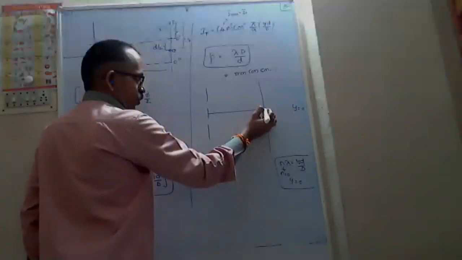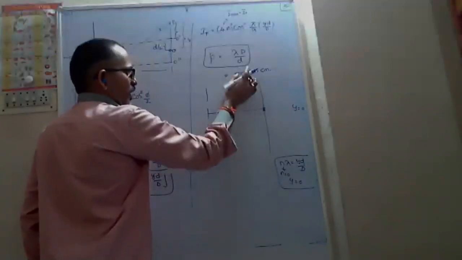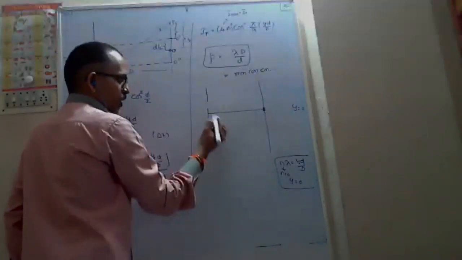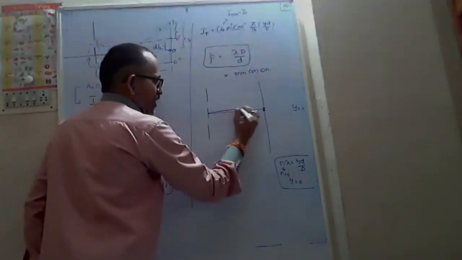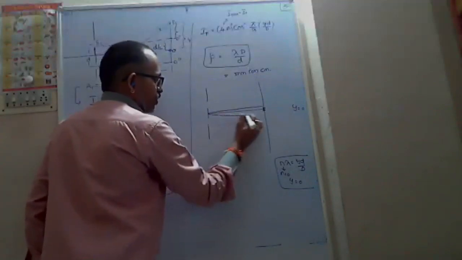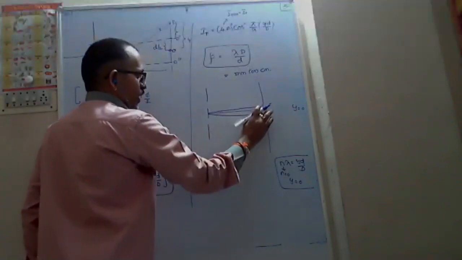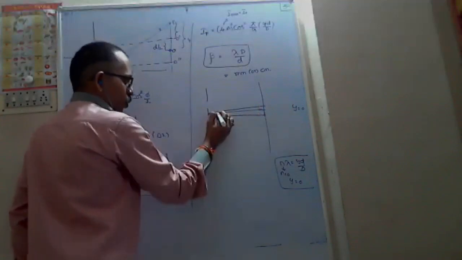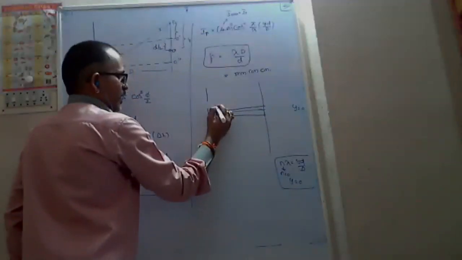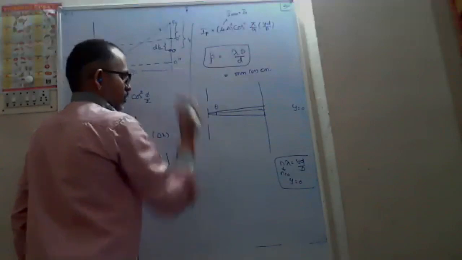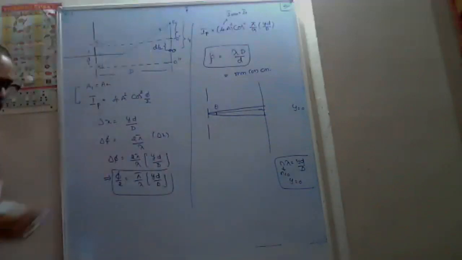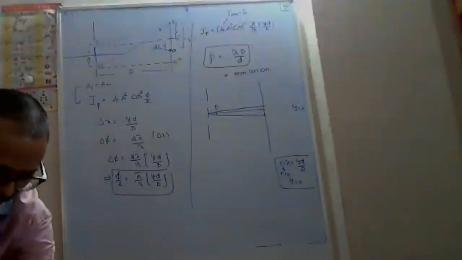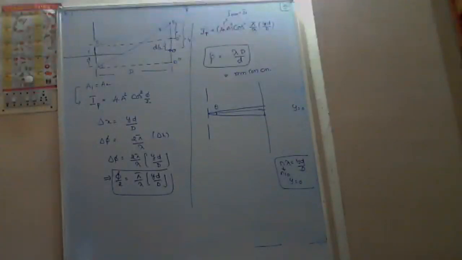That central fringe is formed very small, in millimeters, on the screen, and its angle at the center will be, suppose for my sake I am drawing a little bit bigger one, what is the angle made here if they ask? Not 0, it will be small, tending to 0, like 1 degree, 2 degrees, 3 degrees, a very small angle.